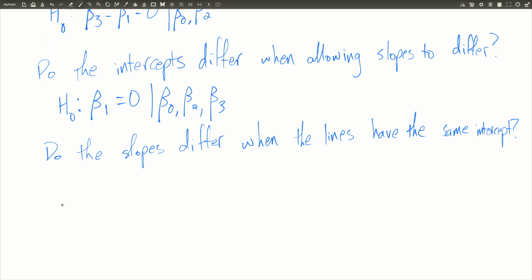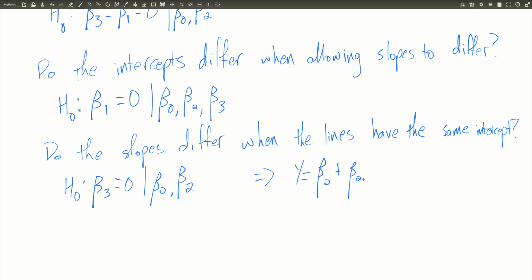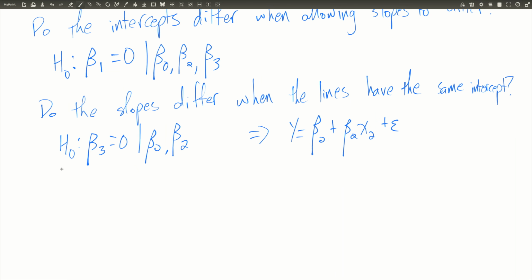So the null hypothesis would be, is beta 3 equal to 0 given beta naught and beta 2? This corresponds to the reduced model of y equals beta naught plus beta 2 x2 plus epsilon. And the alternative is that beta 3 is not equal to 0 given beta naught and beta 2.